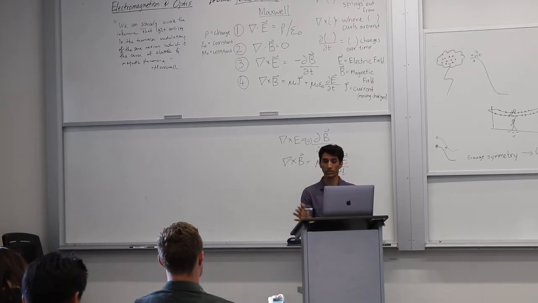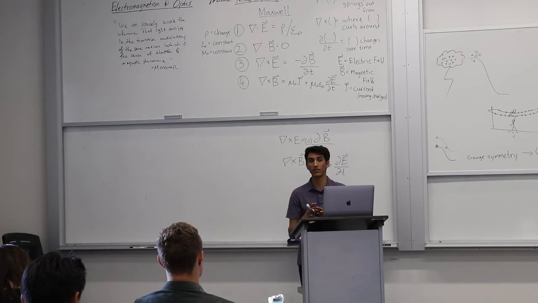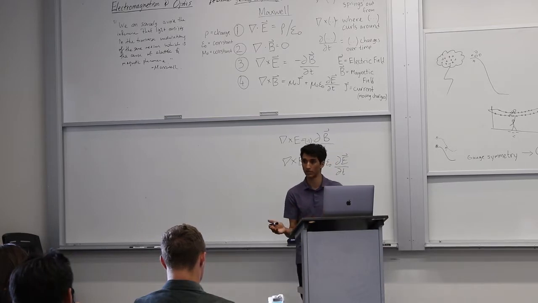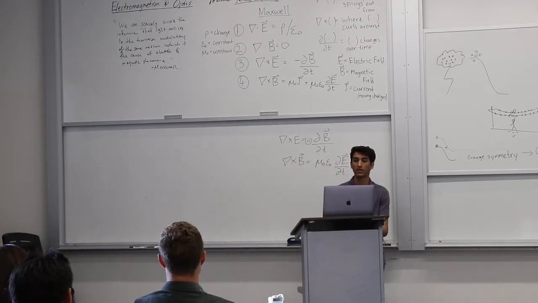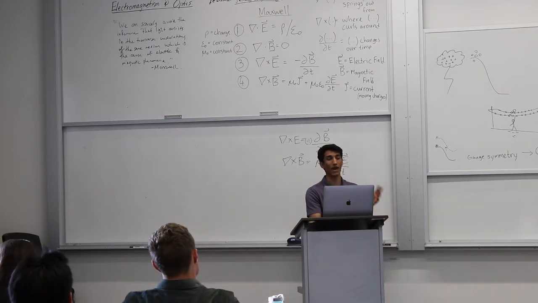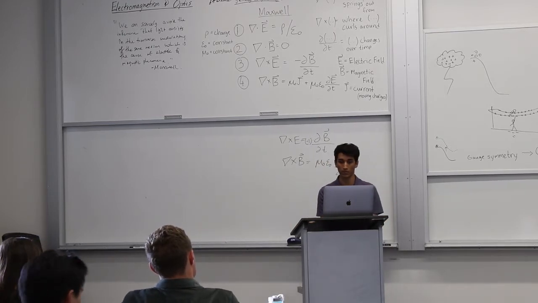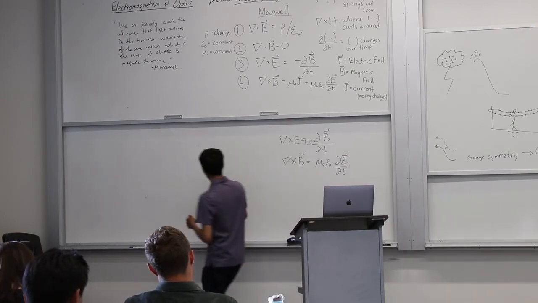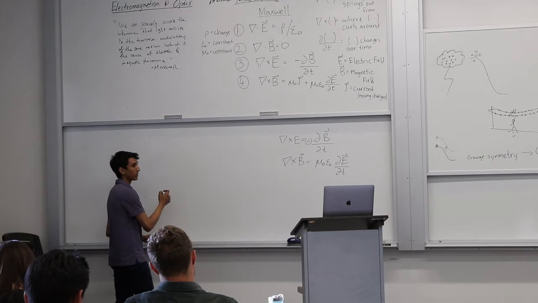For all intents and purposes, even in situations where charges aren't involved, we can end up with light. In fact, that's where we see light. In areas where there are no charges, where you don't have an electron or something, light can still travel.